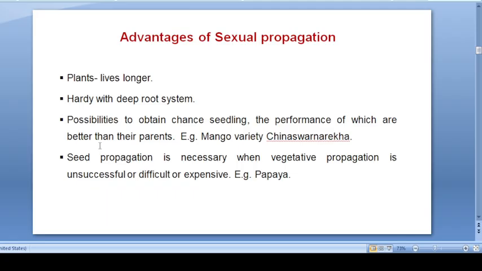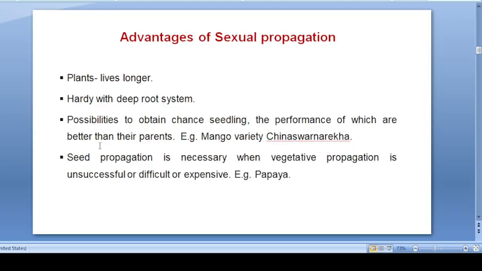Chance seedlings, you will already be aware, means by chance some birds or animals eat the fruit, and through the excreta of birds or animals, some varieties are developed and popularized also.